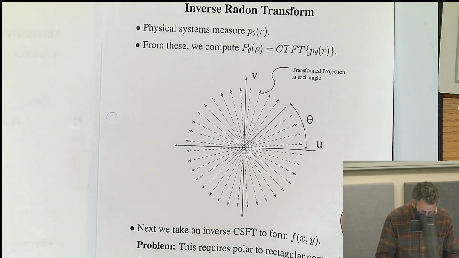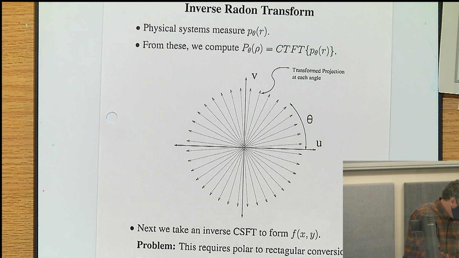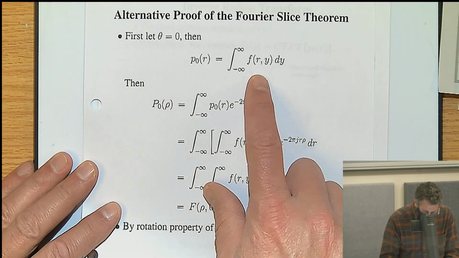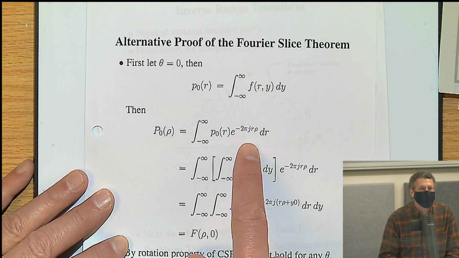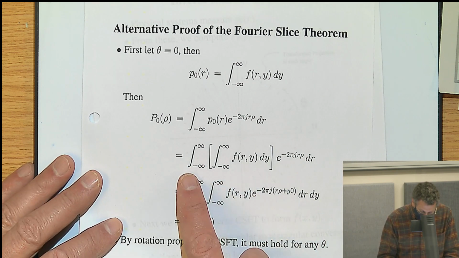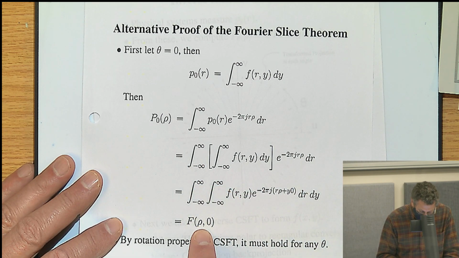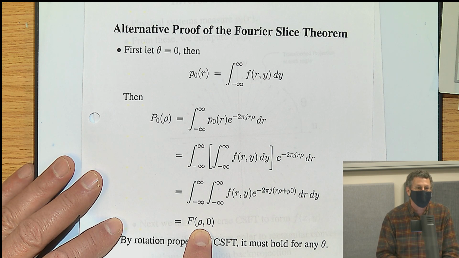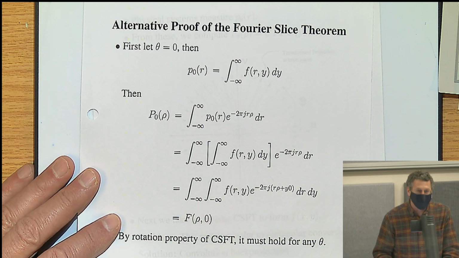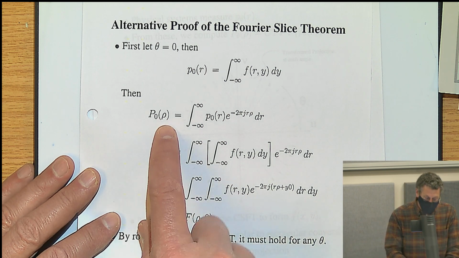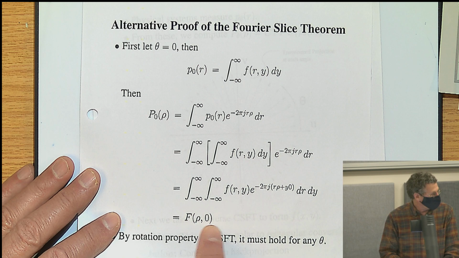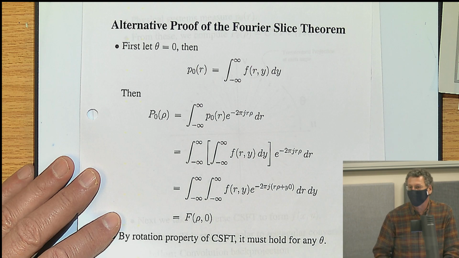Now, this shows the picture. So this is the alternative proof. It just says, okay, this is a projection at 0 angle. This is the Fourier transform of the projection at 0 angle. And then I just do a few simple manipulations, and I see that this is the 2D Fourier transform evaluated at an angle of 0. If that's true, then by the rotational invariance of the 2D Fourier transform, a projection of the rotated object will evaluate the 2D Fourier transform along a rotated line.